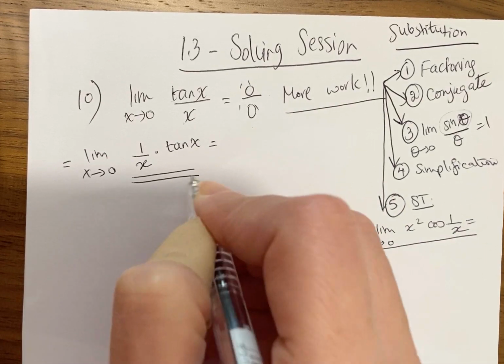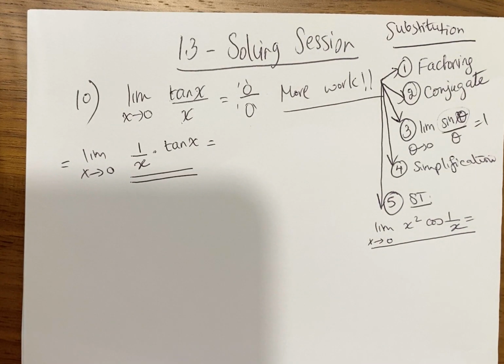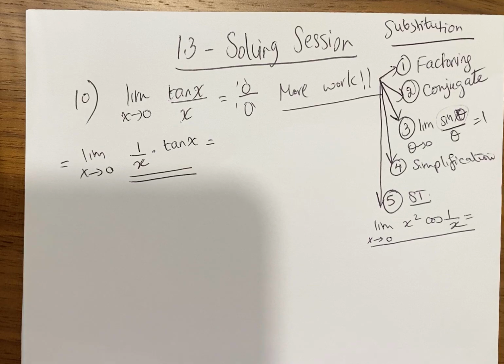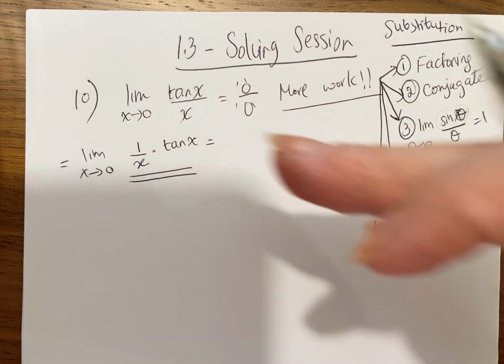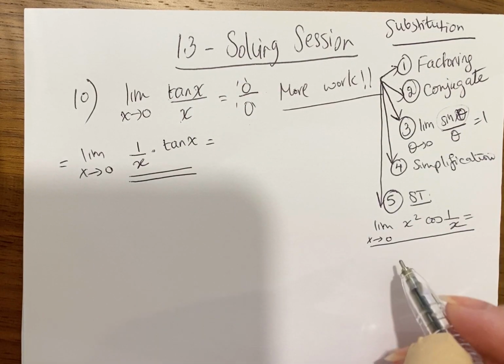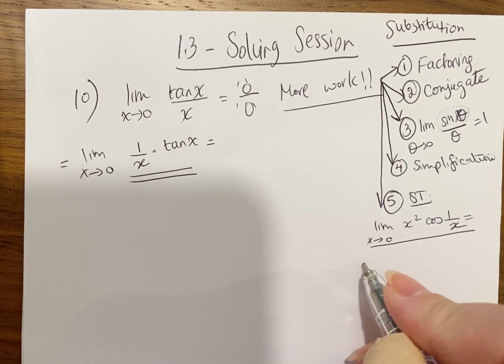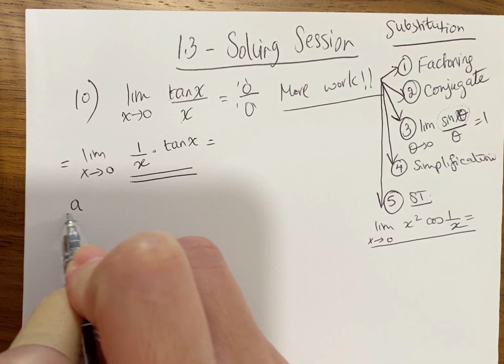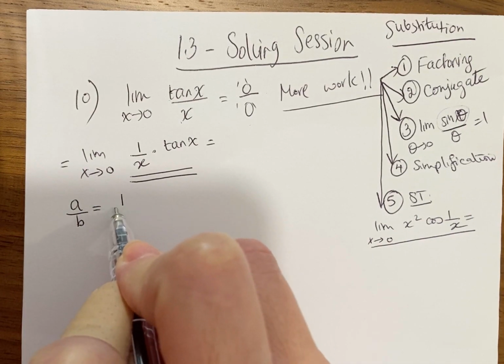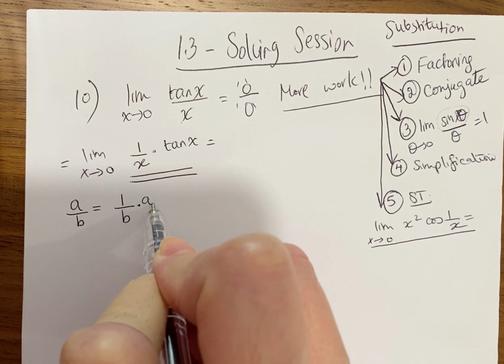I do this trick every single time I have a fraction that I don't want to keep as a fraction, because I wouldn't want to do sine x over cosine x over x. This would cause nested fractions, fractions that are complicated. An easier thing, an algebraic hint: whenever you have a over b, this can be written as 1 over b times a.